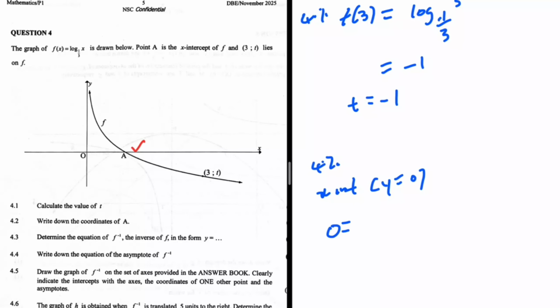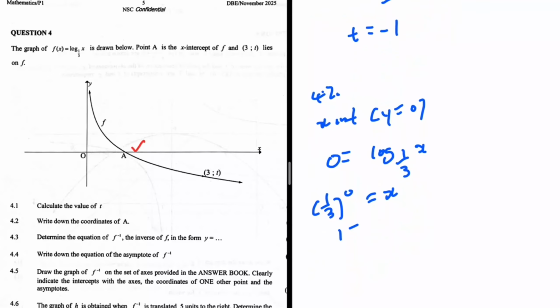So 0 equals log of x base 1 over 3. So 1 over 3 to the power 0 equals x, and any number to the power 0 is 1. So the coordinates of A are (1; 0). I think it's fine if the question says write it down and you calculate. I don't think that is too bad.